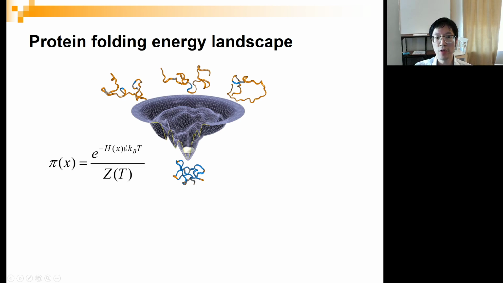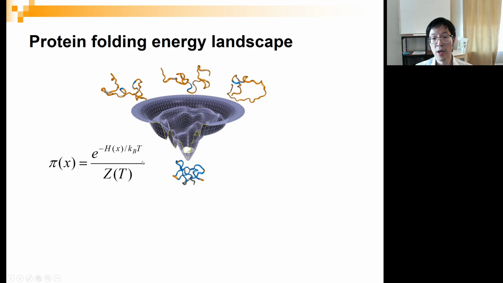Corresponding to an energy function, we can write down a corresponding probability distribution, which I've denoted pi(x). This is what we call the Boltzmann distribution corresponding to the energy. We take the energy function and exponentiate it, raising e to the minus energy, and you can scale the energy by any constant, for example the Boltzmann constant kB and a temperature.